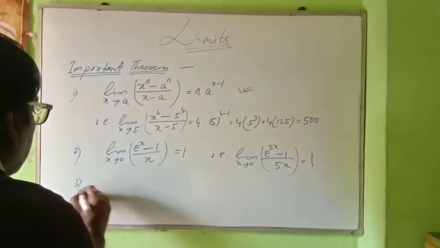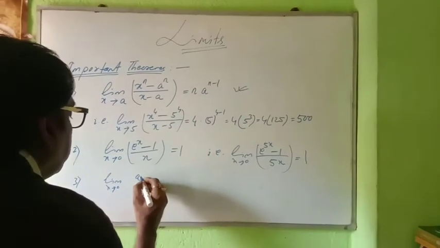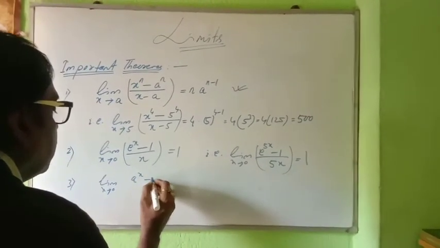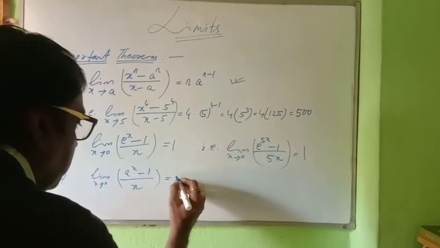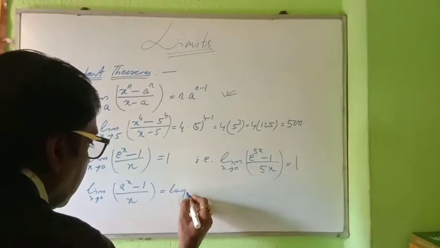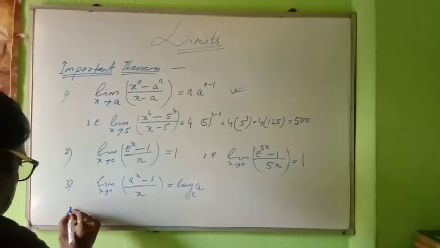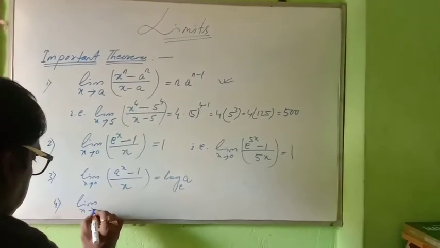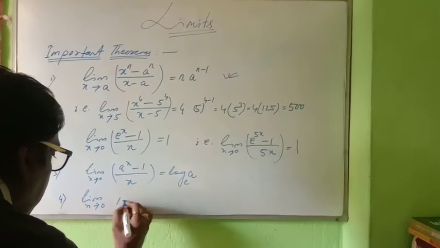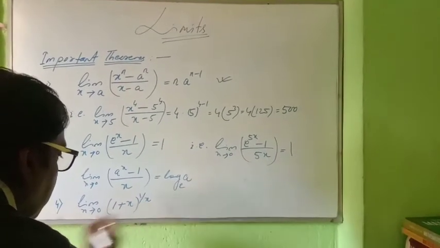Number 3. Limit x tends to 0, a to the power x, where a means any number, minus 1 by x. In this case, the answer will be log a base e. Okay. Number 4. Limit x tends to 0, 1 plus x whole to the power 1 by x.